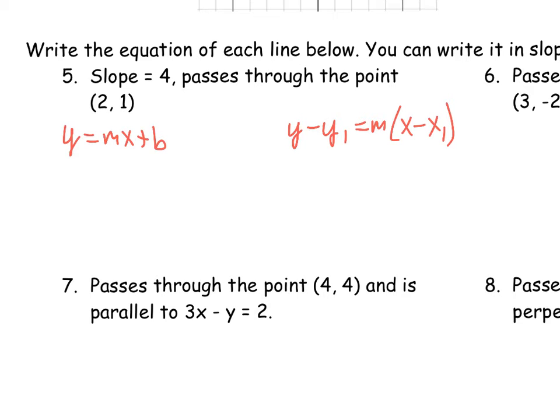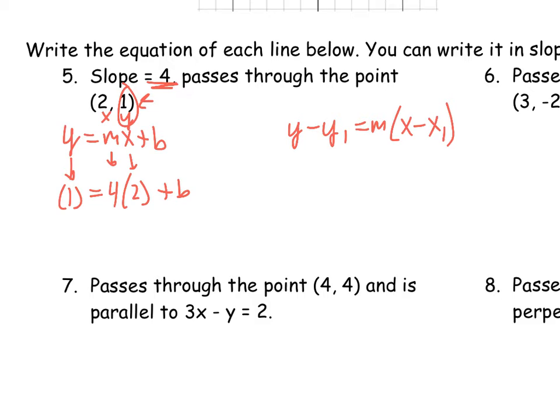If you plug it in, basically we've got to find b in both cases. We already have the slope. We have a point. I'm just going to plug this in for x and y, and I'm going to plug the slope in for m and then solve for b. So y is equal to 1 right here, equals, m is my slope, which is 4, and my x is 2 right there.